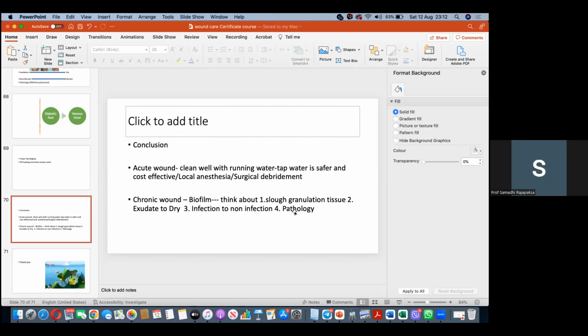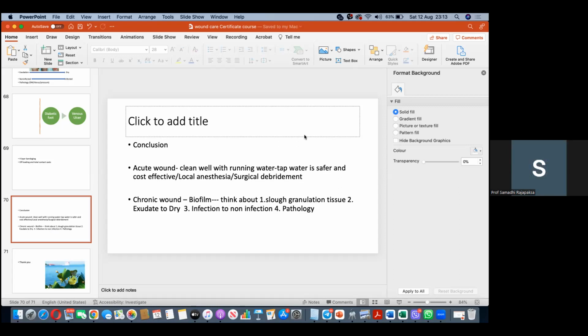Then we can use low-cost, our own wound care products so that we won't be trapped by those companies' commercial things. Yeah. Very interesting. Thank you.